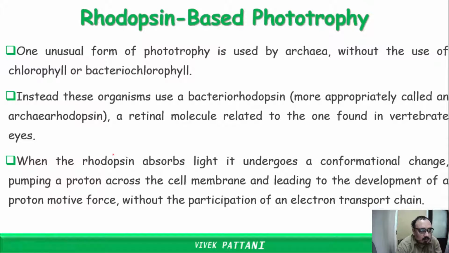So as we discussed in the above cases, we have discussed anoxygenic and oxygenic photosynthesis. But besides this, there are also other mechanisms, which is basically rhodopsin based phototrophy. One unusual form of phototrophy is used by archaea without the use of chlorophyll or even bacteriochlorophyll.